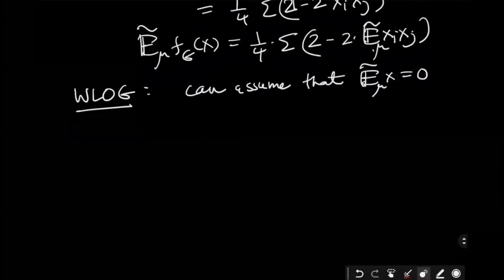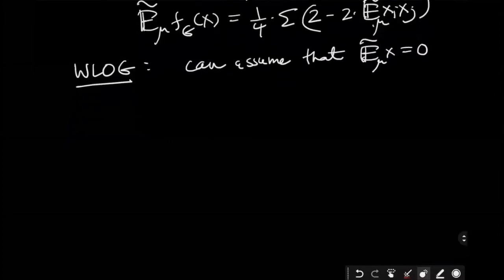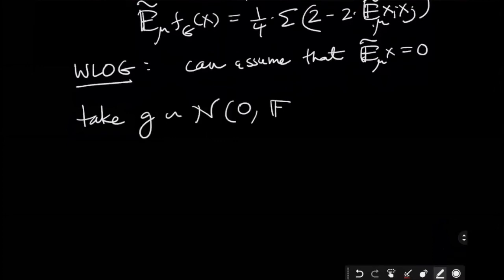Now what? Our goal is the same. We have to transform mu into an actual distribution. But I've told you that we can assume that the mean of mu is 0. And so now we take a Gaussian random variable with mean 0 and covariance XX transposed, right?